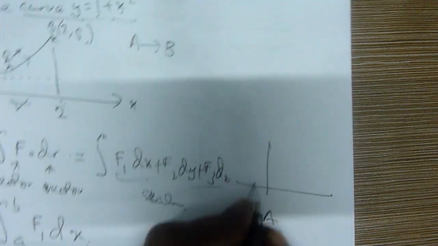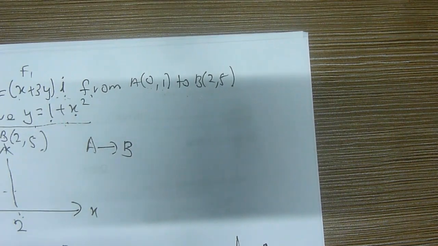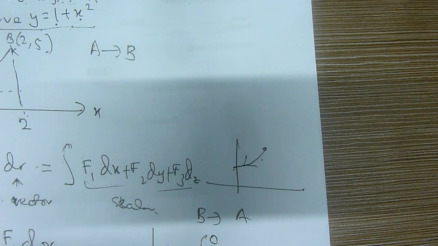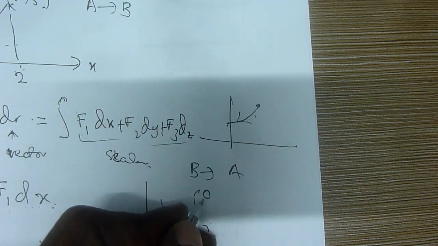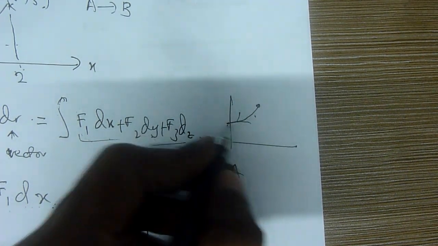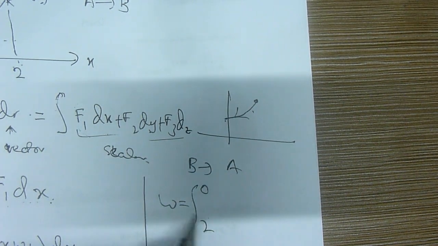Again, in this particular case, the arrow is changed. You must follow the arrow for your range. The range must follow the arrow. Therefore, the rest of the calculations are the same, but the only difference you can see is 0 to 2. That's what you will see as your solution in this case.